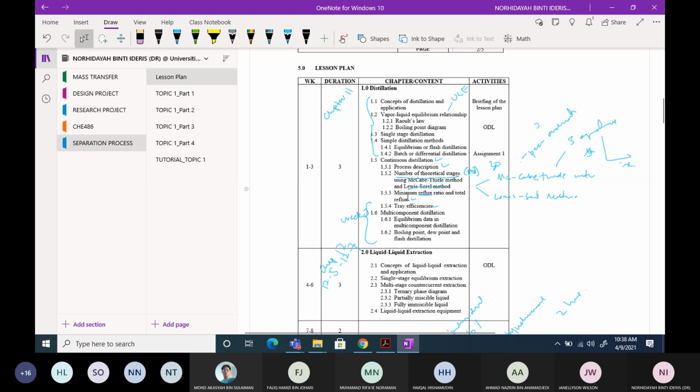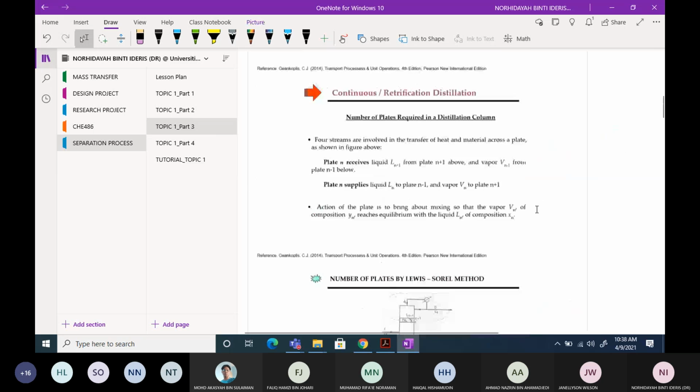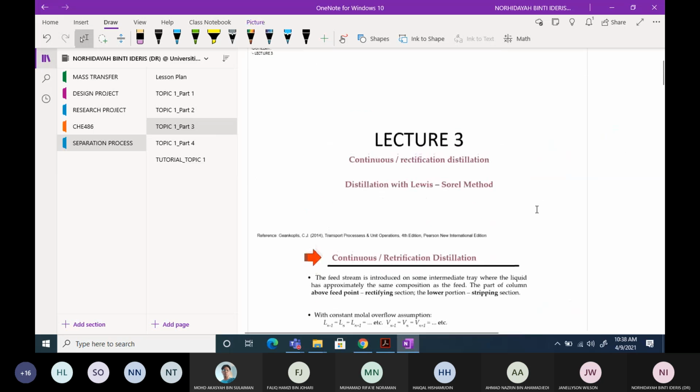For now we go to 1.5.2, where we look at the Lewis-Sorel method for calculating the number of stages N and also the location of the feed tray. Any questions on this? If there are no questions, check out your lecture 3.